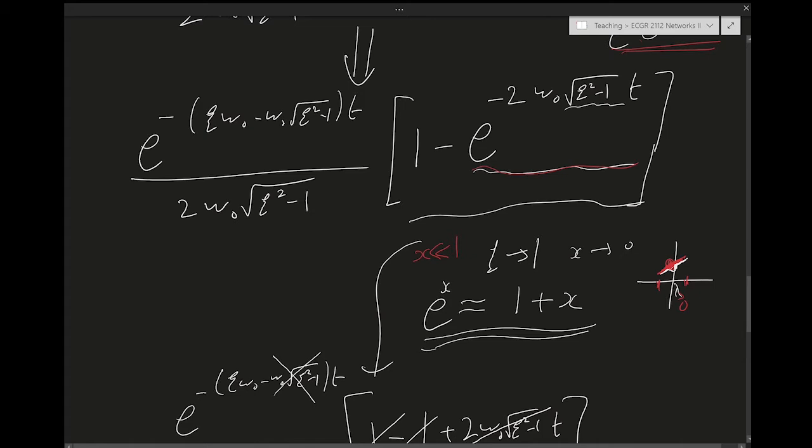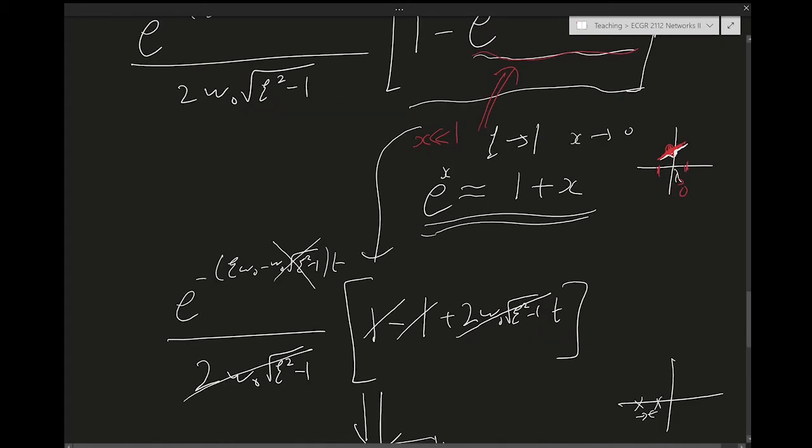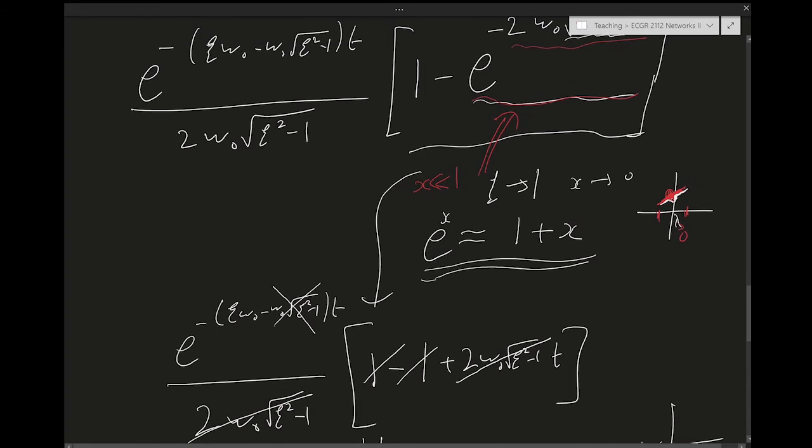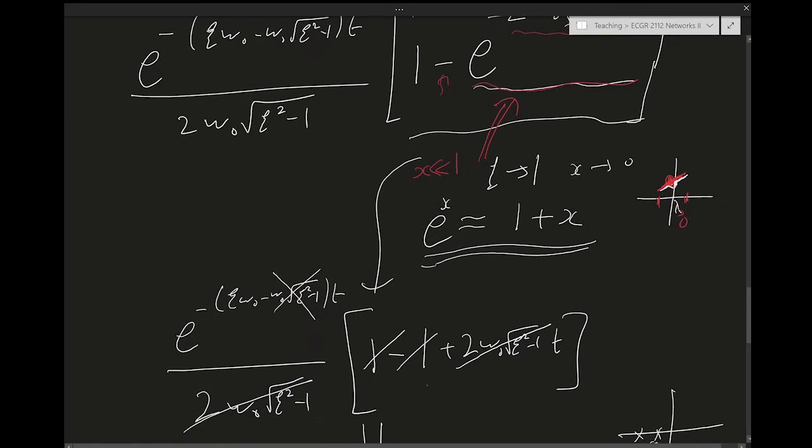Right? So that's what I want to do here. I want to take this term and approximate it as 1 plus the exponent. In this case, it will be 1 minus 2 omega naught zeta squared minus 1 t. So I do this approximation, 1 minus plus, right? There's a minus sign here, so minus becomes plus.